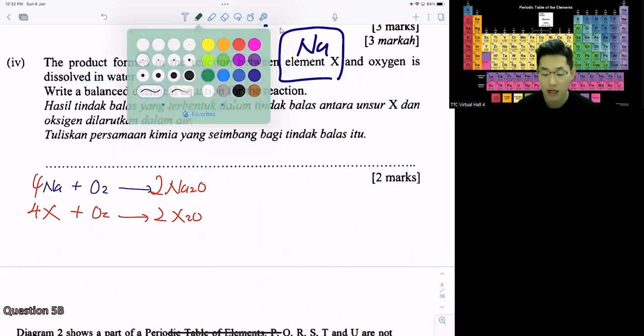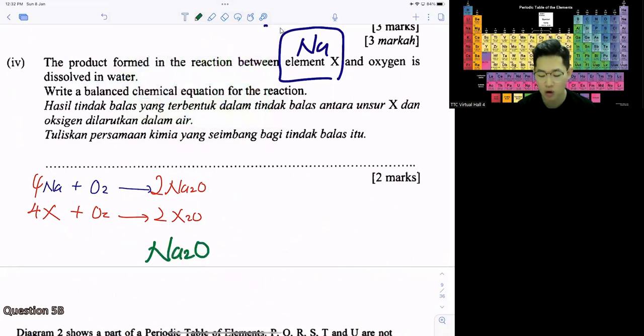And they say they want the product formed dissolved in water. So I have to write another one that is Na2O plus H2O. So what do I get? Same, I write the ion first.